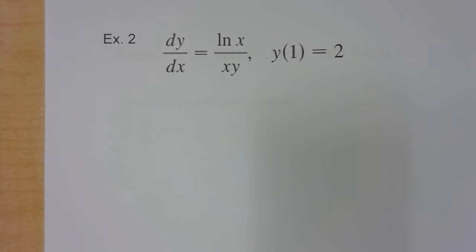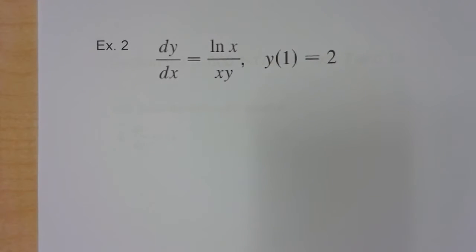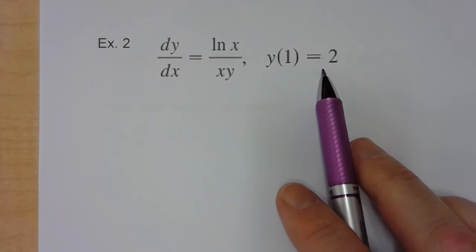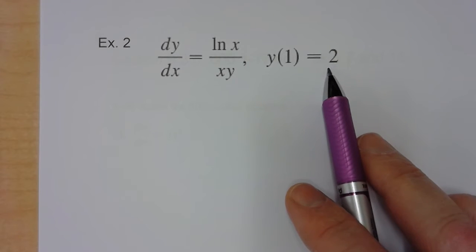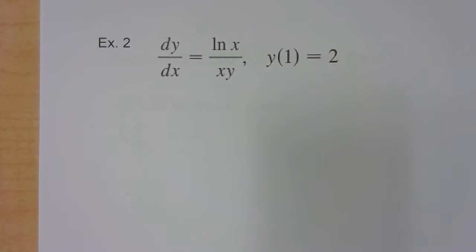Let's look at example 2 here. So this is given an initial condition, so we can actually find out what c is. All right. So the first step is to separate, to get the y's on one side, the dy's on one side, the dx's on the other, and all that business. So here we go.